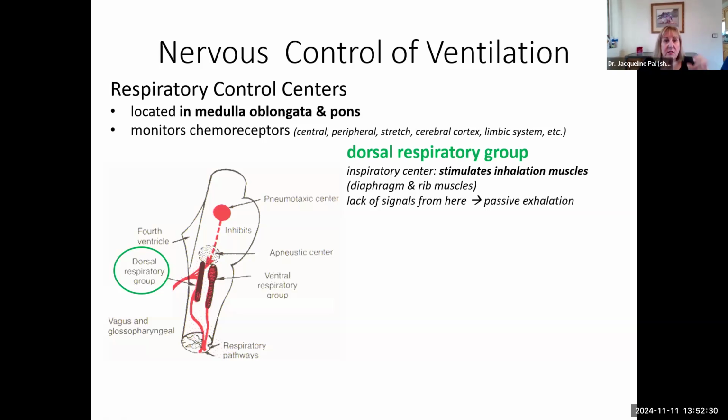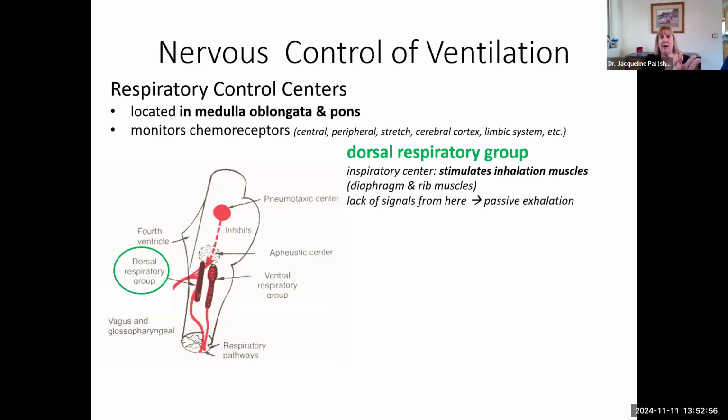Specifically, messages from here are going to go down respiratory pathways in our spinal cord, and it's going to stimulate the diaphragm and our intercostal rib muscles, which are going to elevate our ribs for passive inhalation. So the dorsal respiratory group has to do with passive inhalation.